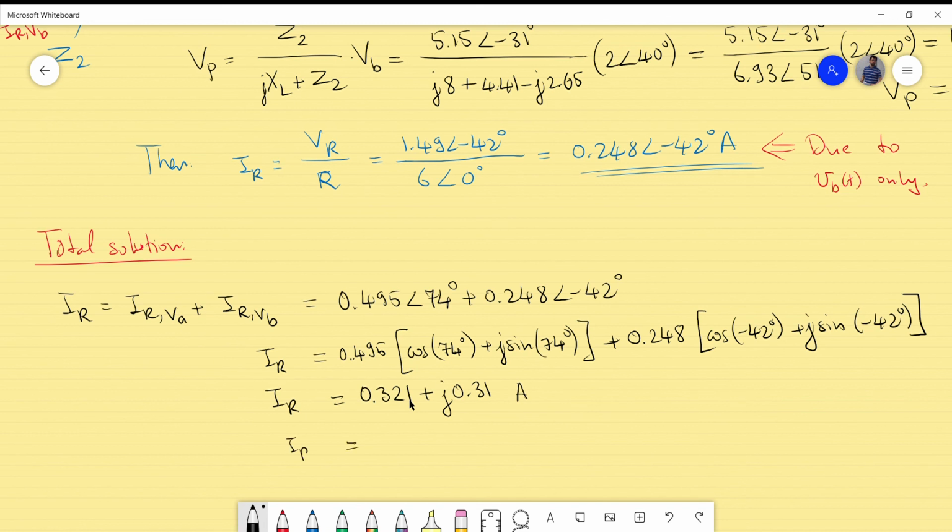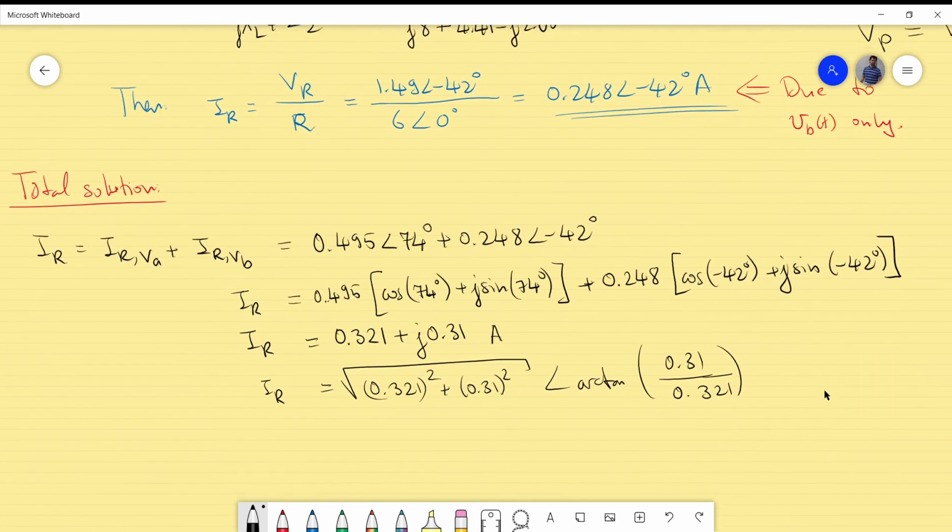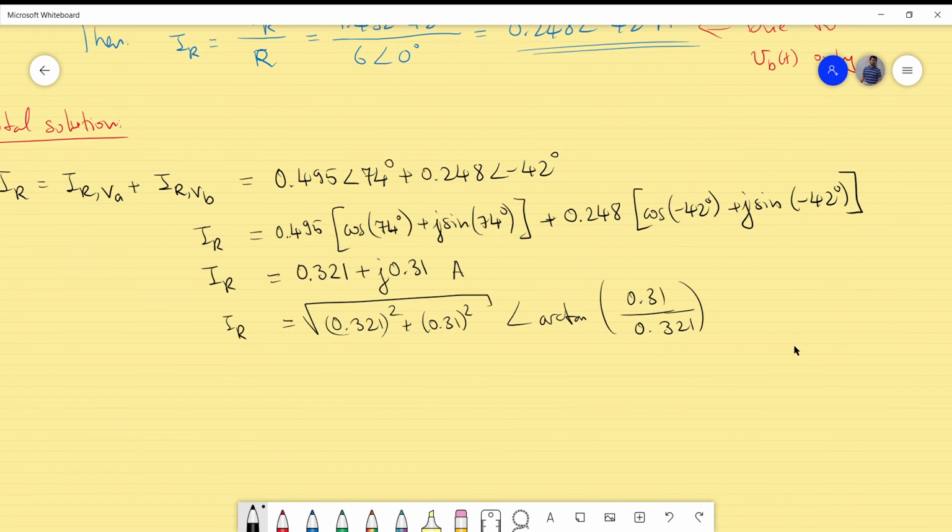Let me also make this clear here in this example. This will be the length of this vector, so that will be the square root of the square of the real part and the square of the imaginary part, and also the arctangent of the imaginary part divided by the real part. And this will give us the phase and the magnitude of the vector representation of the IR.